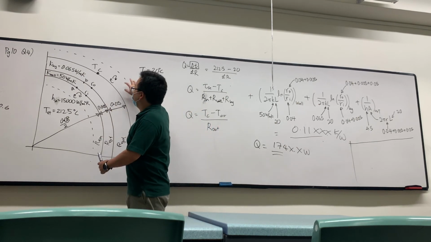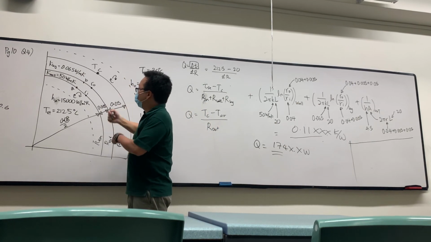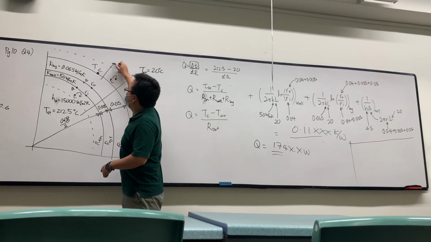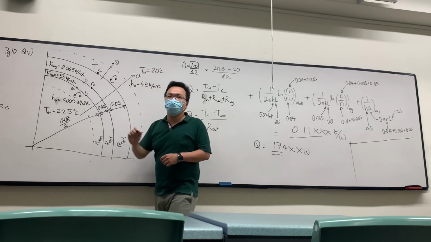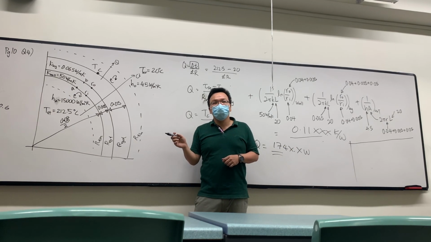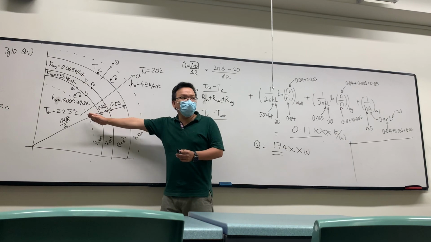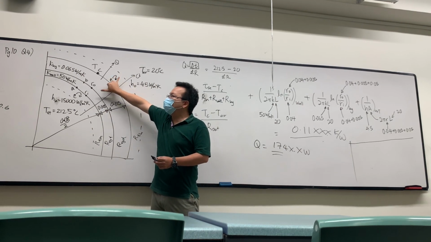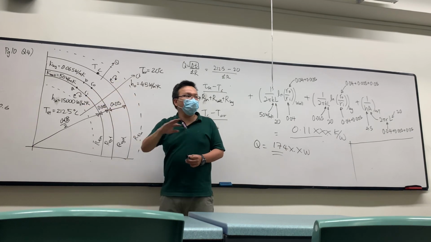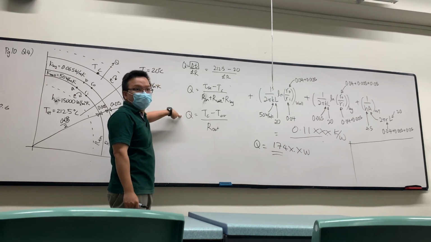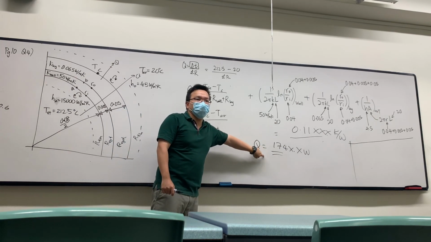If I'm only looking at this layer, this whole thing here is your Q going through. Are they the same Q? Yes, because it's steady state heat transfer. So remember I said, all the heat going through is equivalent to the heat going through one layer, or through 2 layers, or any layer. Clear or not? So the Q's here are the same, they are the same as this one. Any question?